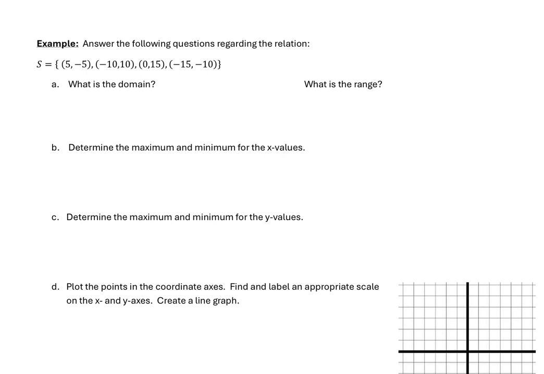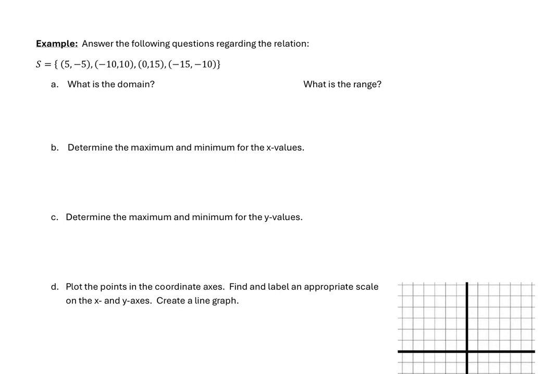So the last example that we're going to look at is we're going to be given some points, and we want to go ahead and do kind of the same thing, but we already have them as points. All right, so the first thing we want is our domain. And so our domain, what we have here is the x values again.